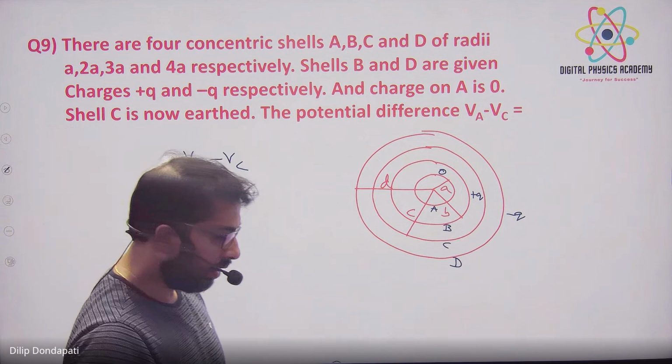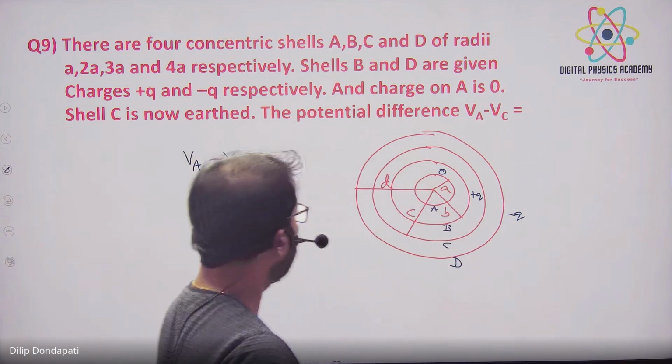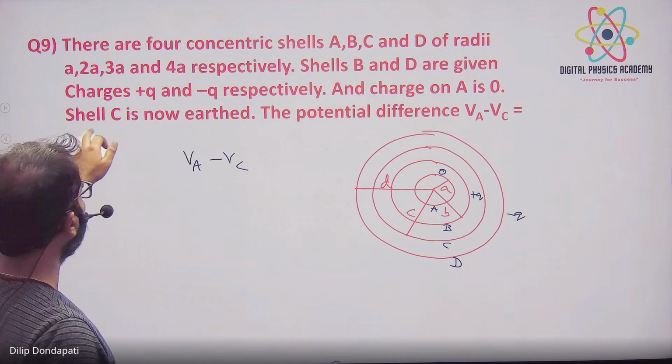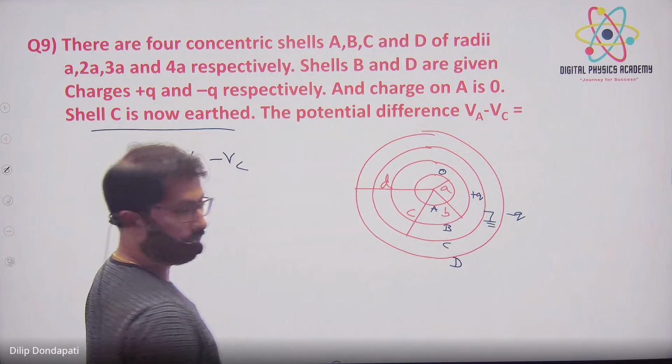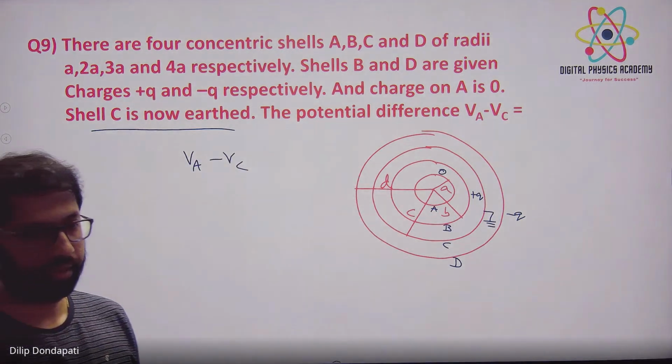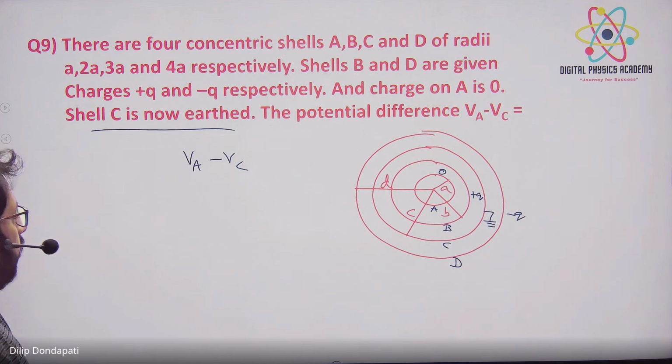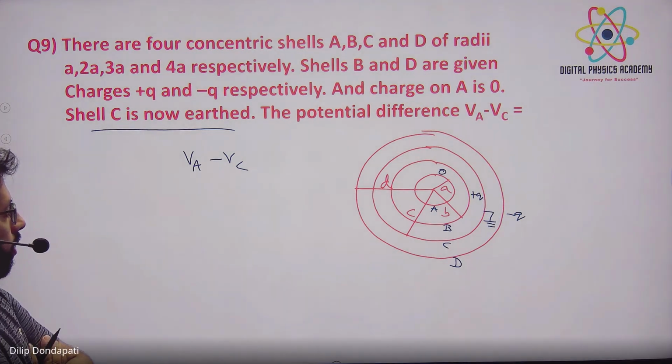Did he say anything about C? Yes, shell C is now earthed. C is earthed, so the potential at that surface is 0.